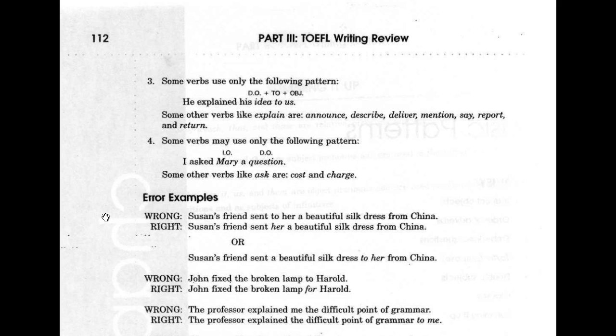Okay, so let's go down. What I like about this one is it gives you examples of what is wrong and what is right. So here it says wrong: Susan's friend sent to her a beautiful silk dress from China.